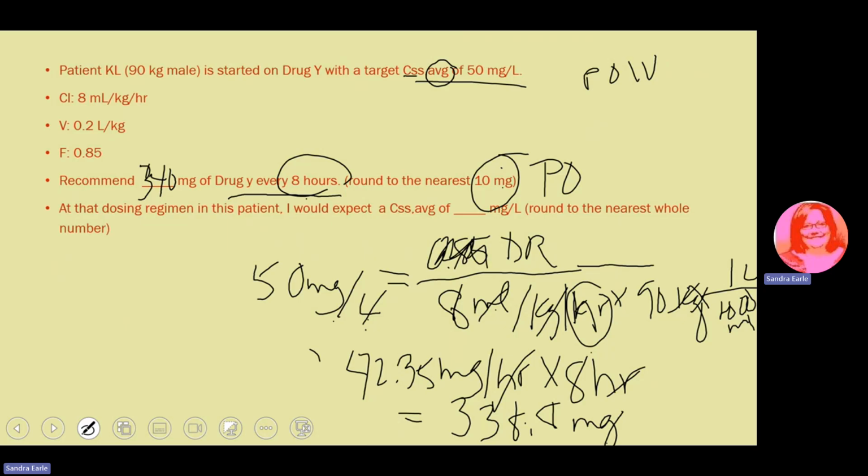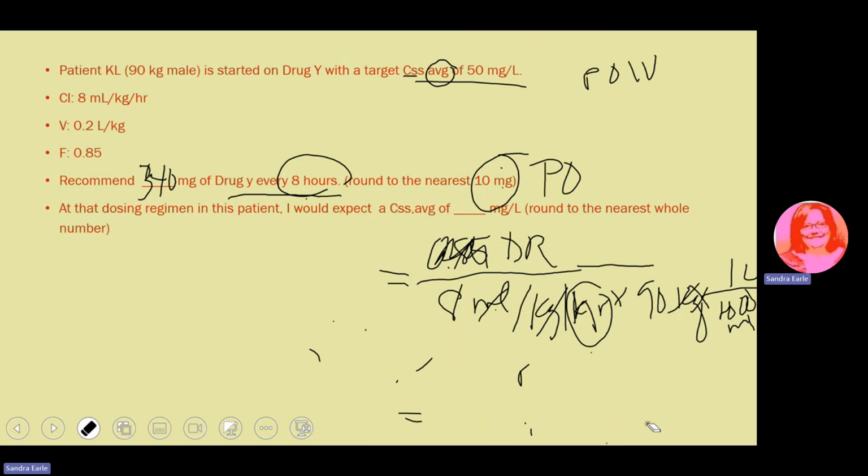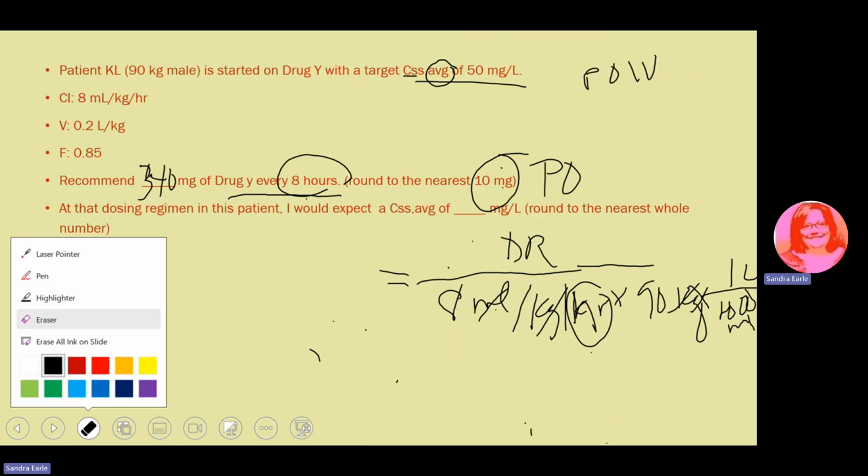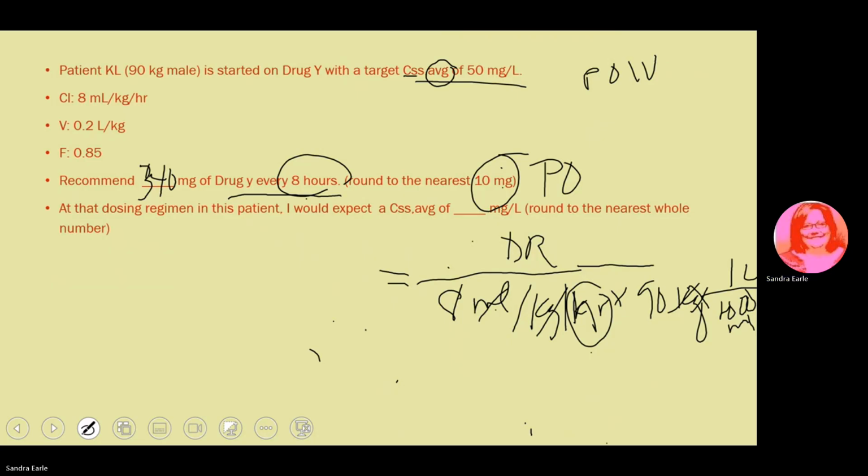So for this dosing regimen in this patient, what would you expect a CSS average of? Okay, so we just need to use this same equation, but this time we're solving for CSS. This whole clearance can remain the same. And our dose rate is going to be 0.85 times our dose rate. And our dose rate was 340 Q8.